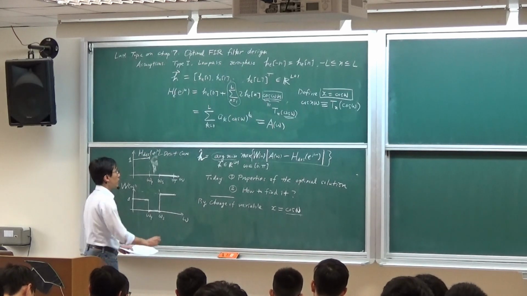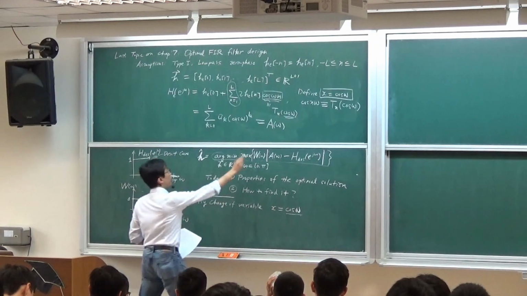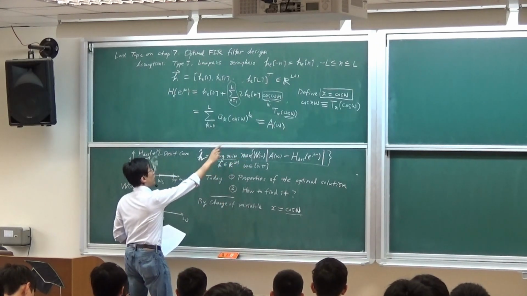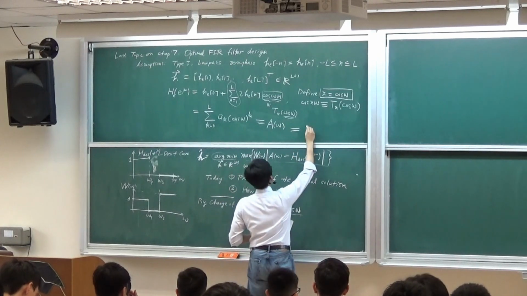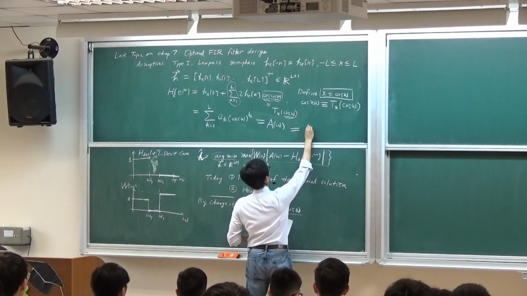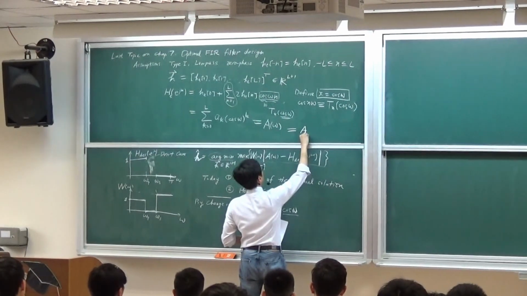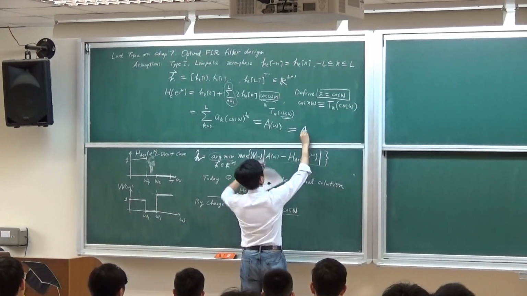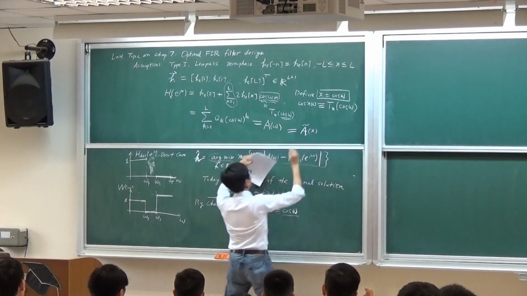Okay, so why can I say that? Because now, A of omega is simply, let me use this, A filter of x, right?